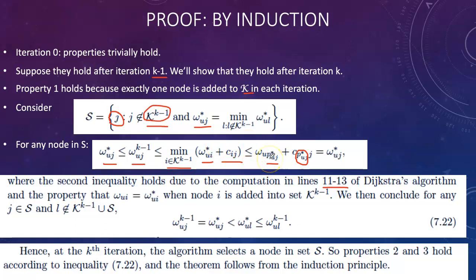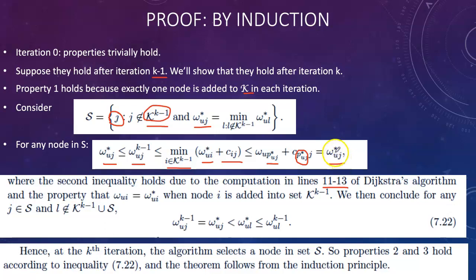So then by definition, W of p(j*) plus the cost from the previous hop neighbor of j to j is set as W_j star.